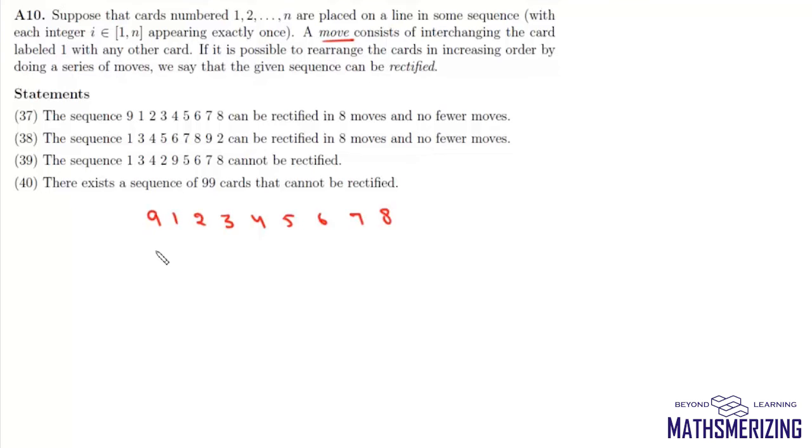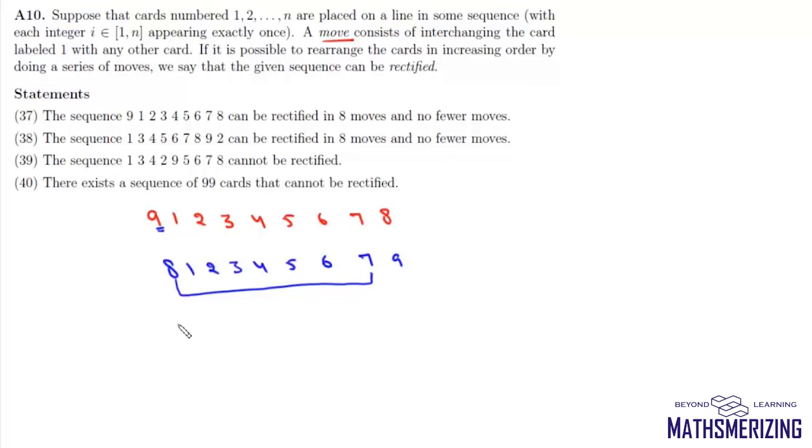Now since we can only move this first card, we'll replace this 9 with 8. So it'll be 8, 1, 2, 3, 4, 5, 6, 7, 9. Now the second step, we'll interchange 8 and 7.